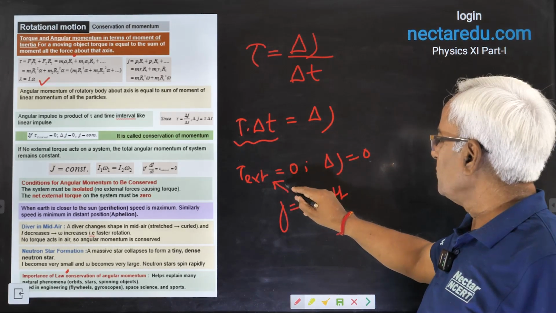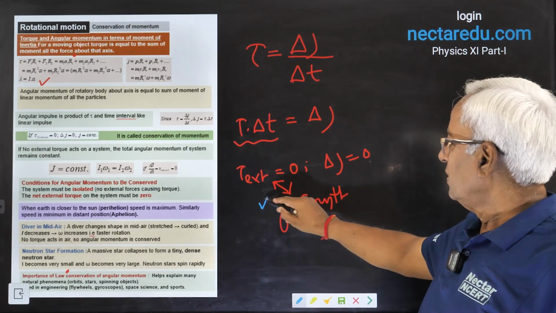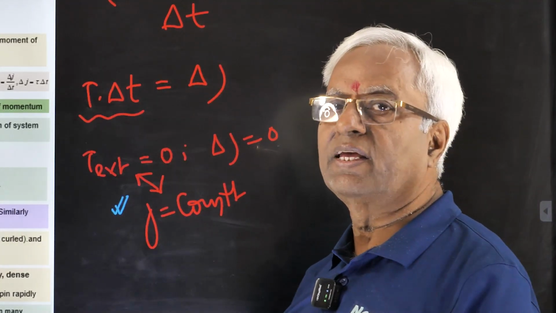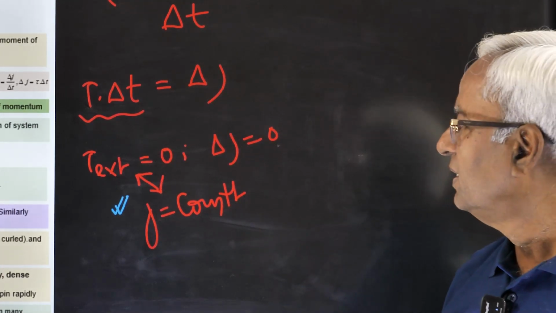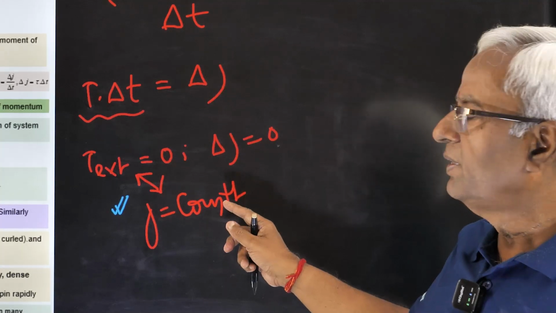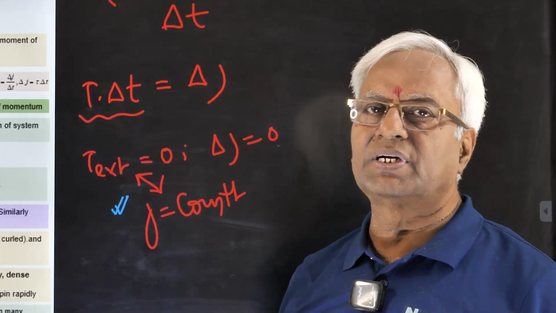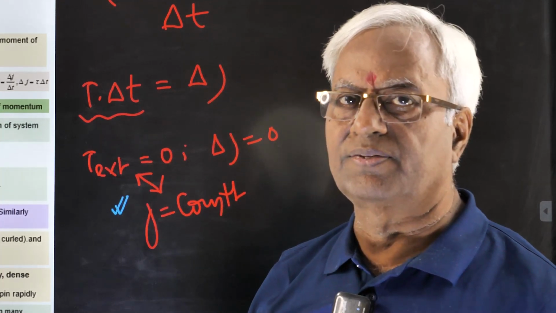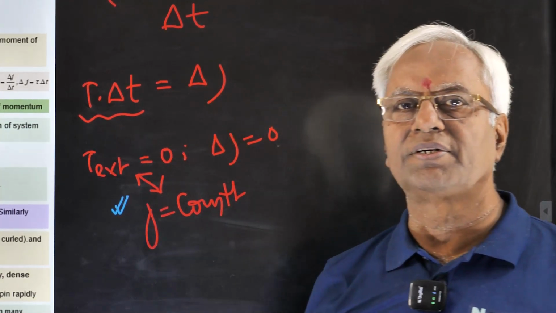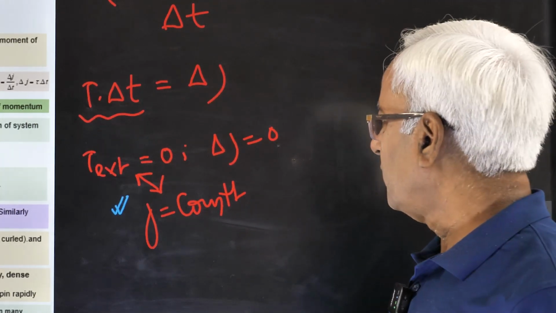You relate these two, you get one very important law of mechanics, classical mechanics. What is that? Angular momentum shall remain conserved if there is no external torque. If external torque is not there on a system, its angular momentum will remain conserved. This law itself is very important.